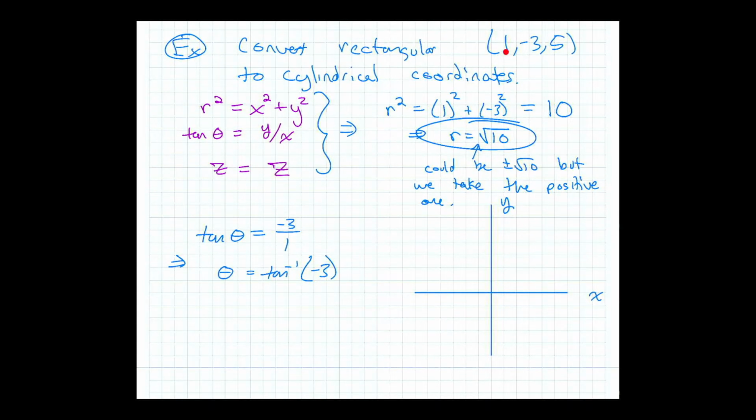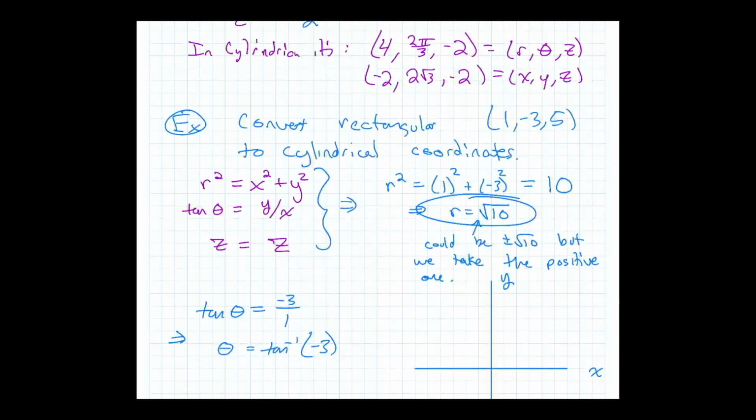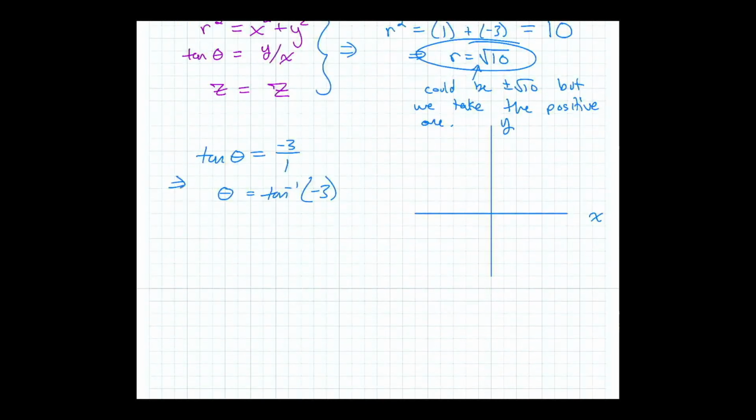You have X equals 1, Y equals -3, right? So 1 in the X, -3 down there. So this is 1, -3.